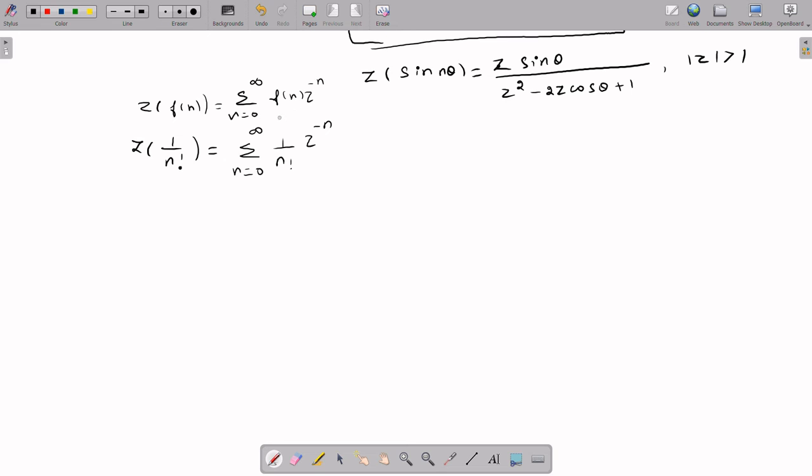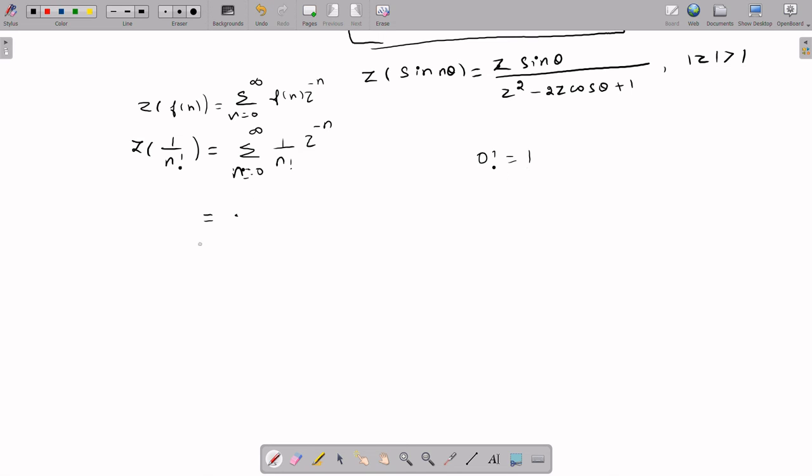So Z transform is summation n is equal to 0 to infinity 1 by n factorial into Z power minus n. We substitute n is equal to 0, 1, 2 and so on. When n is equal to 0, 1 by 0 factorial. What is 0 factorial? 0 factorial is equal to 1.